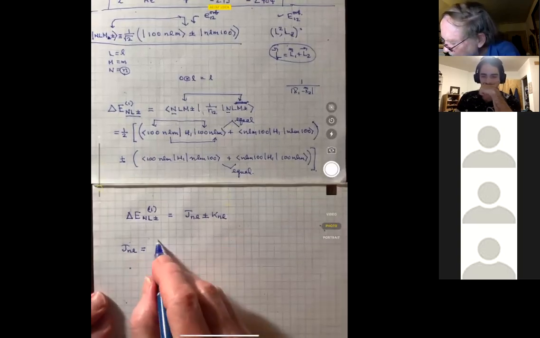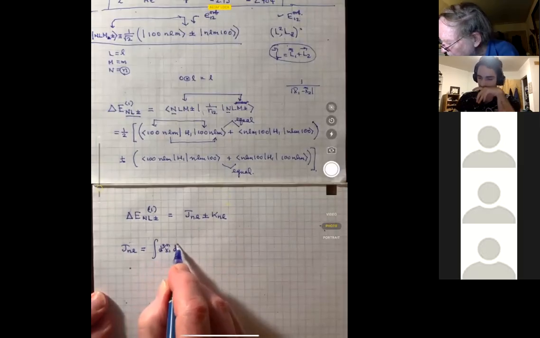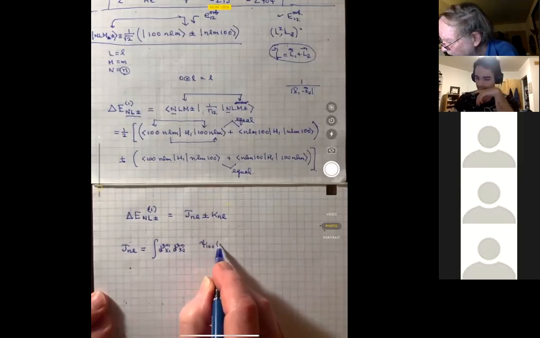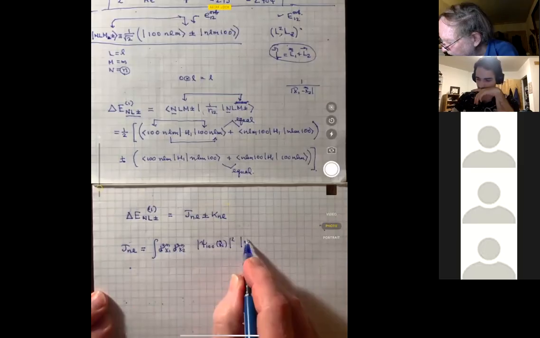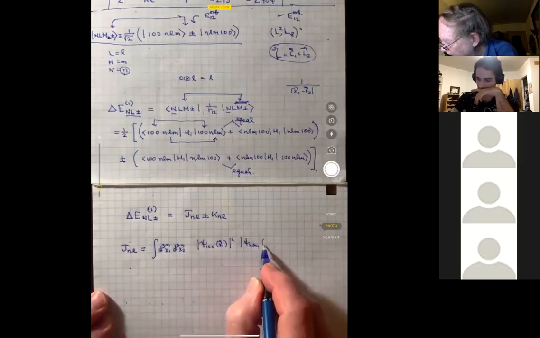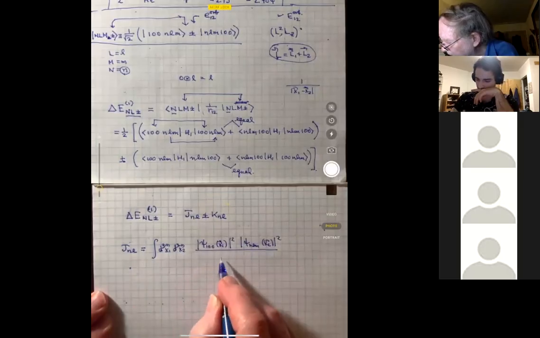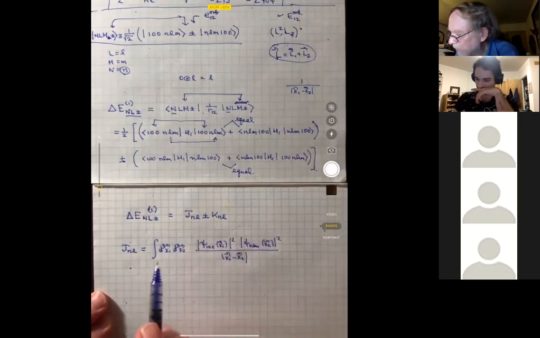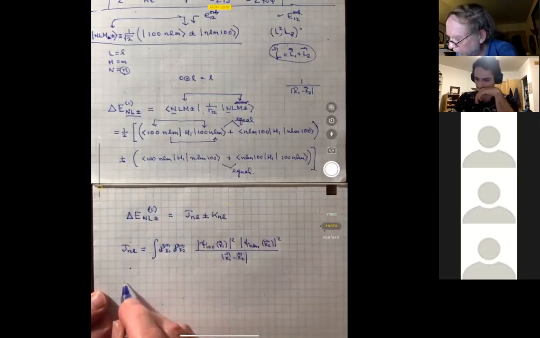So this J_nl then is an integral. It looks like this. It's d cubed x1, d cubed x2, and then we have psi 100 of x1, absolute value squared, then we've got psi NLM of x2, absolute value squared, divided by the Coulomb denominator, the absolute value of x1 minus x2. And so that's the J integral here. Now, the K integral is a plus and minus part.